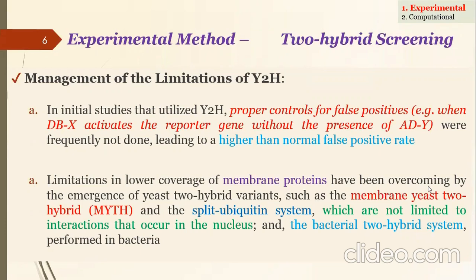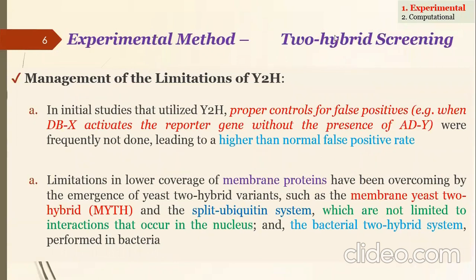This has been overcome by the emergence of yeast two hybrid variants. There are certain variants now, such as the membrane yeast two hybrid system (MYTH), and another one is the split ubiquitin system. The ubiquitin system is used, which is not limited by interactions that occur in the nucleus.